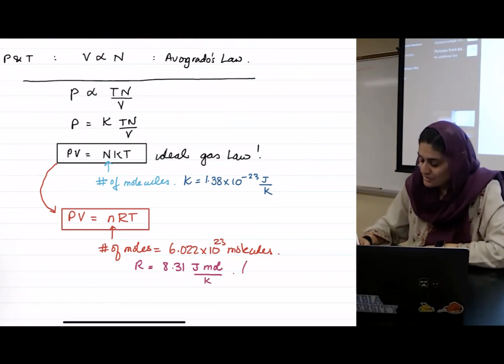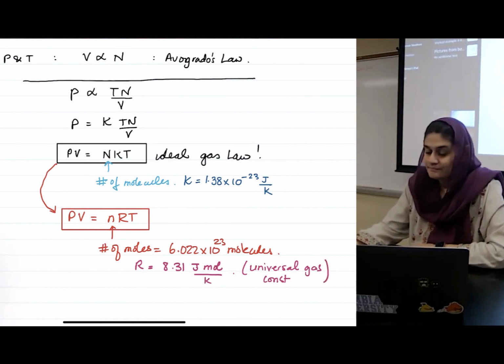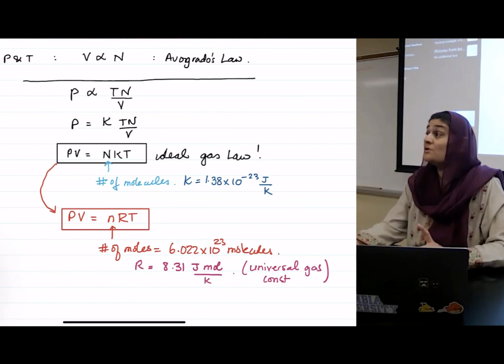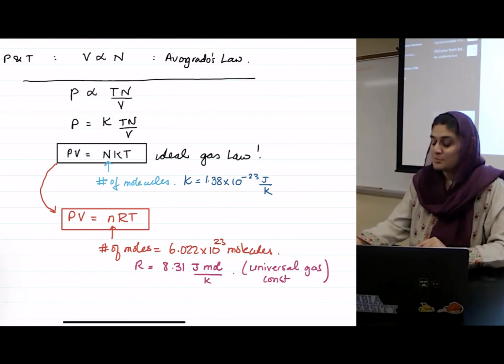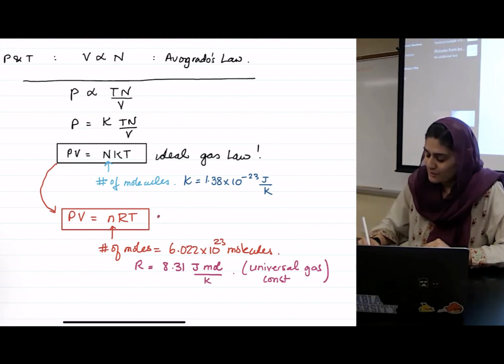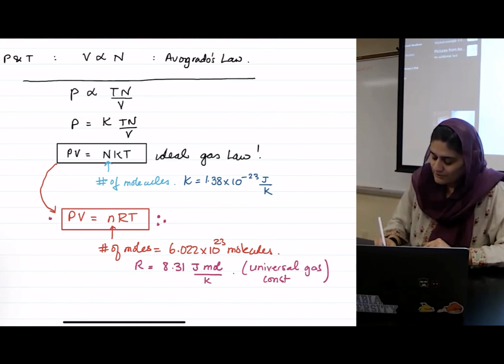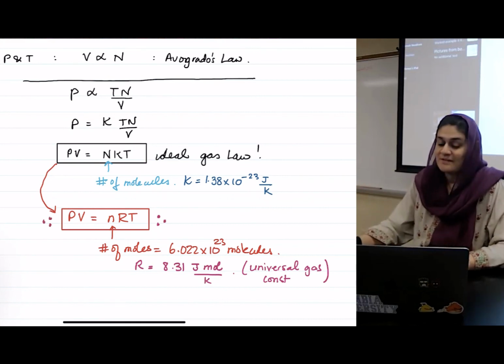This is also known as the universal gas constant. And so most general chemistry textbooks use this form of the ideal gas law. So you've seen this a bunch of times.